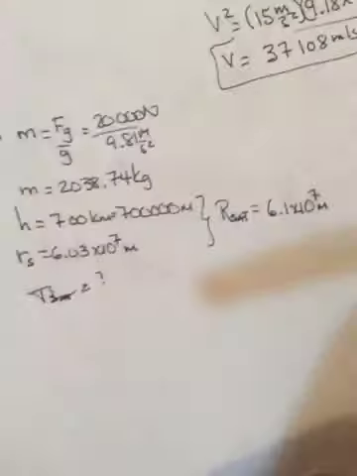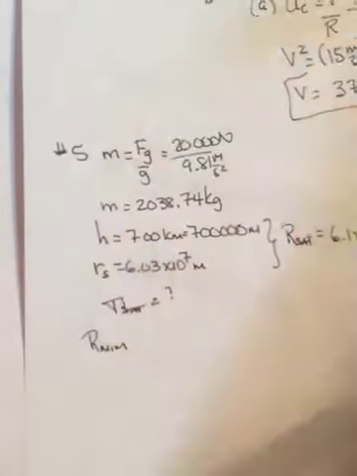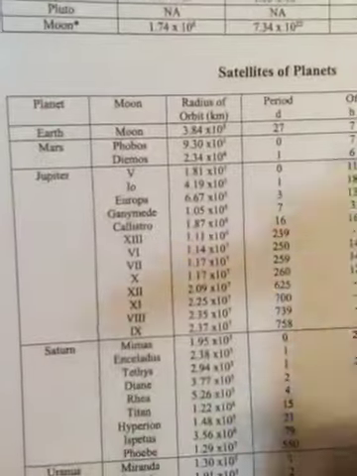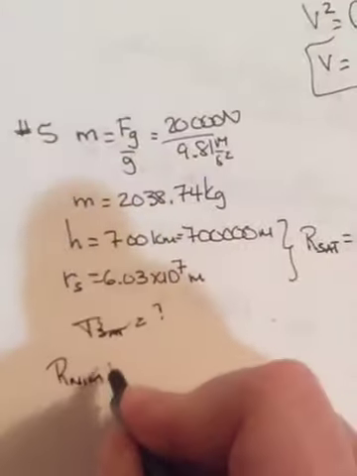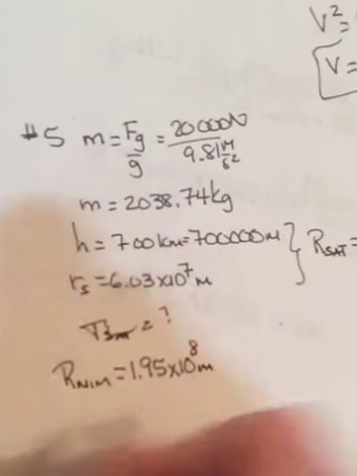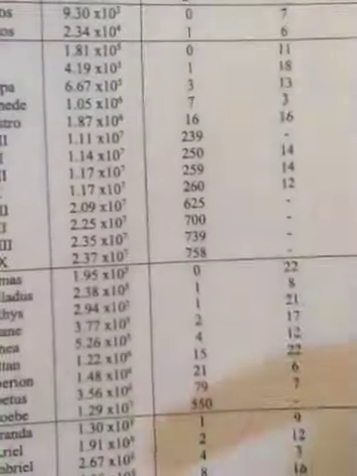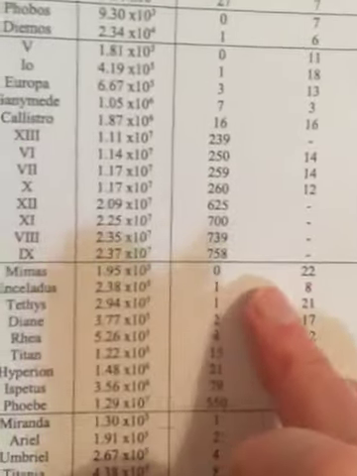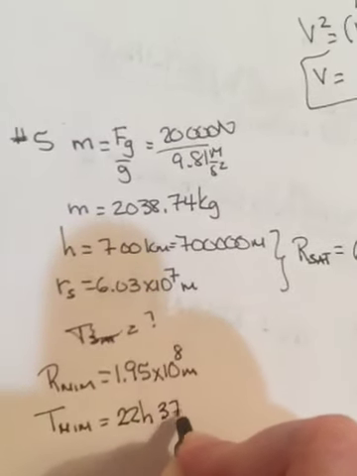Now, we need to do a little bit of work to get the r cubed and T squared of Mimas. If you look at the chart, r of Mimas is 1.95 times 10 to the 5th kilometers. In other words, it's 1.95 times 10 to the 8th meters. Now the T for Mimas is given to us as 0 days, 22 hours, and 37 minutes.